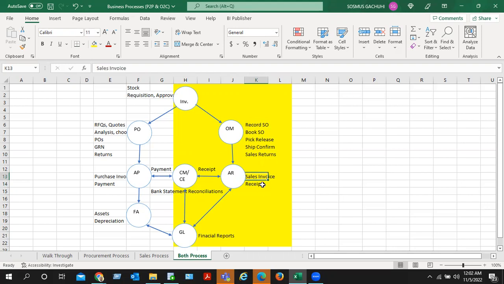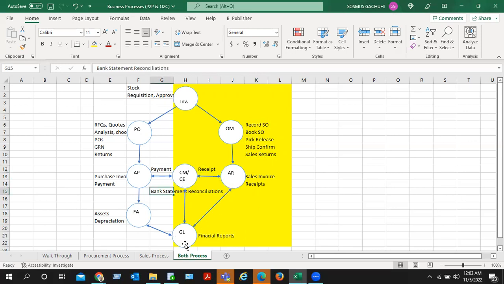Once the invoice has been sent to the customer, they are expected to pay. Through payment, we confirm the payment by receipting it, and that information will also be communicated to the cash management department for the purpose of bank reconciliation.